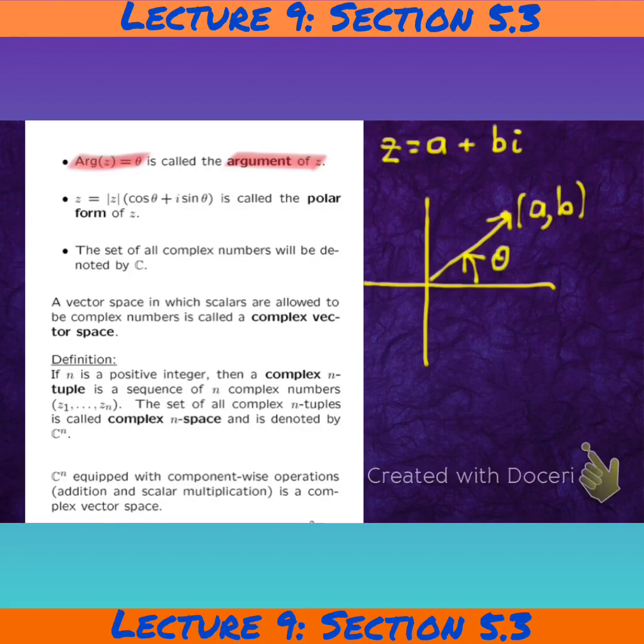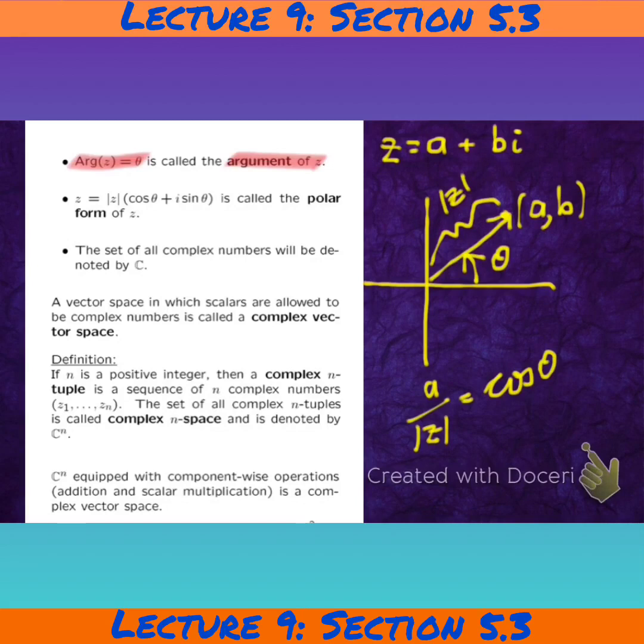Okay, and we can go and write z in polar form. And remember that is the modulus of z. Okay, so basically you can write a over the modulus of z as the cosine of the angle theta.